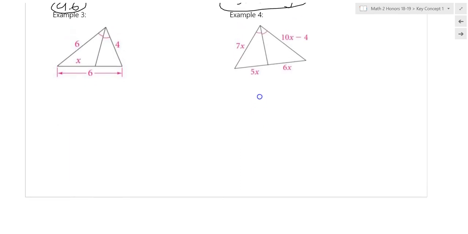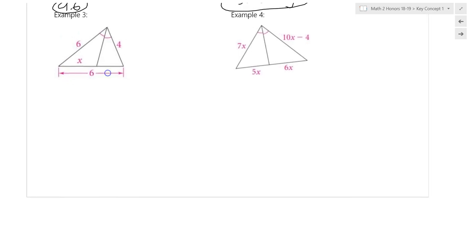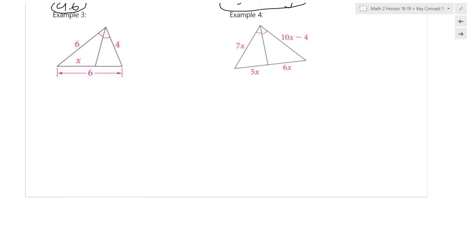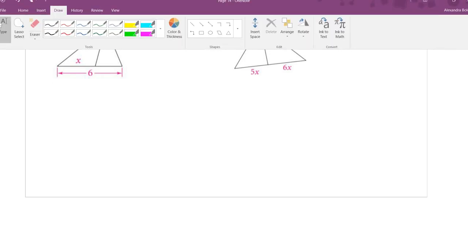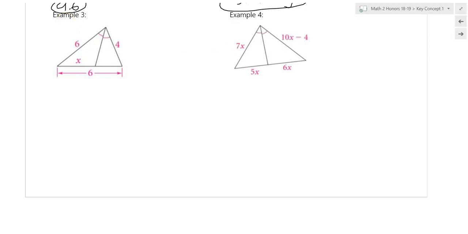Alright, looking at our next example. Now this one's a little bit different because I have this whole thing. But my theorem only uses this length, not this length. So what do we do?